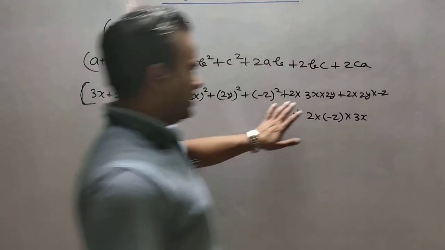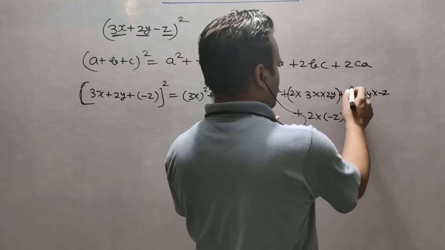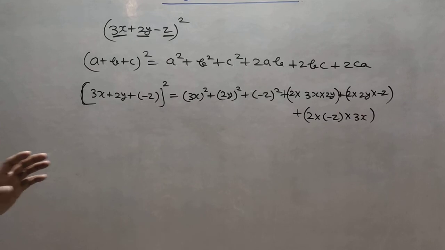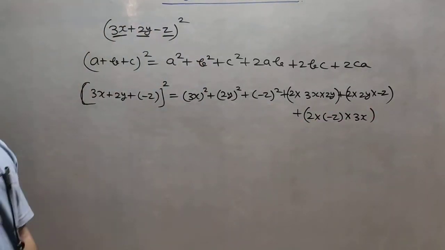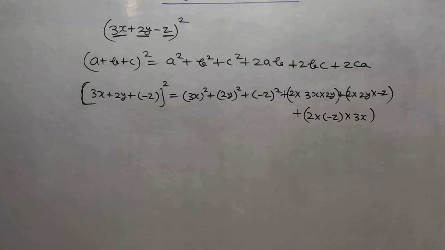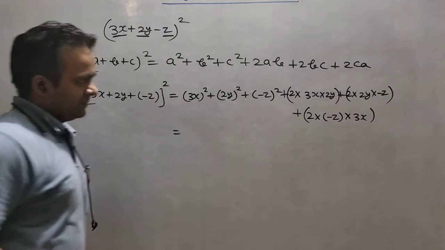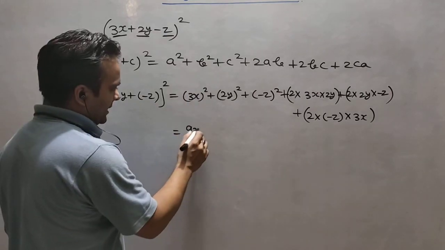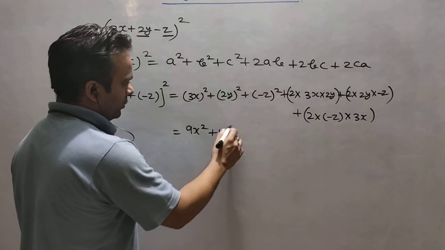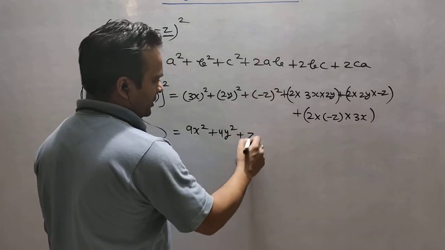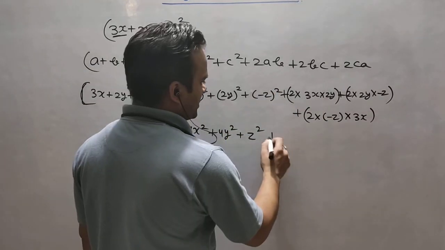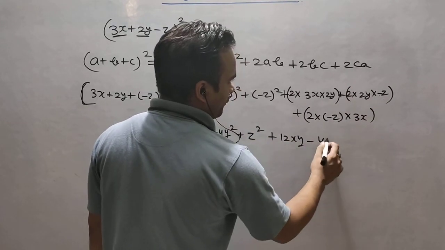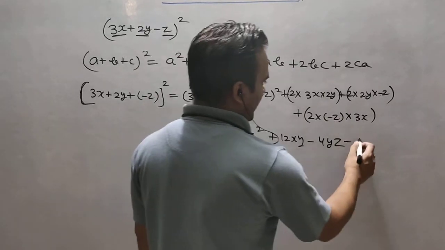Sometimes there is always a chance of making an error in putting the values here, 3x, 2y. So we have to concentrate very carefully. So it will be 9x square, 4y square, z square, positive, and 12xy, but there is one minus which will make this minus 4yz, and minus 6zx.